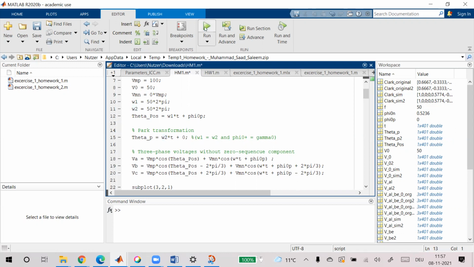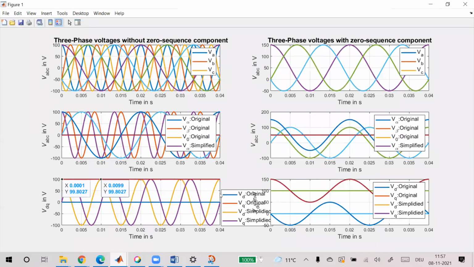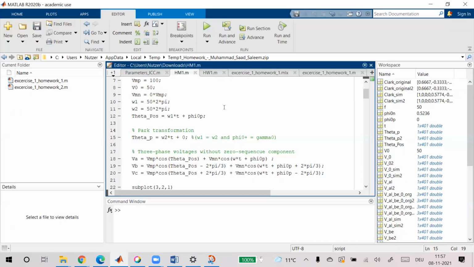Now, if you do the transformation, there is no negative sequence. We make negative sequence 0, just positive sequence. Positive sequence magnitude is 100. So what do you see now? You see the DC value. If I run it, you see the DC value, and it looks dirty here.